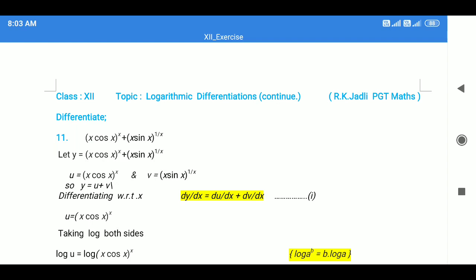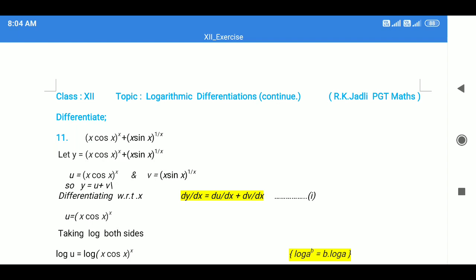But if there is a difference or a sum of functions, we cannot take log directly. So we will take both the parts as u and v. So y becomes u plus v.